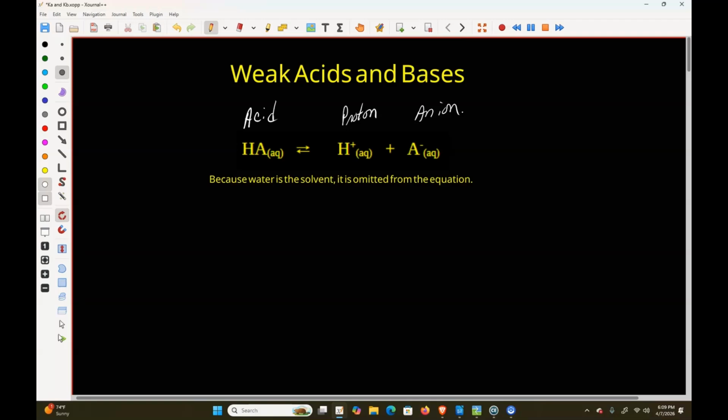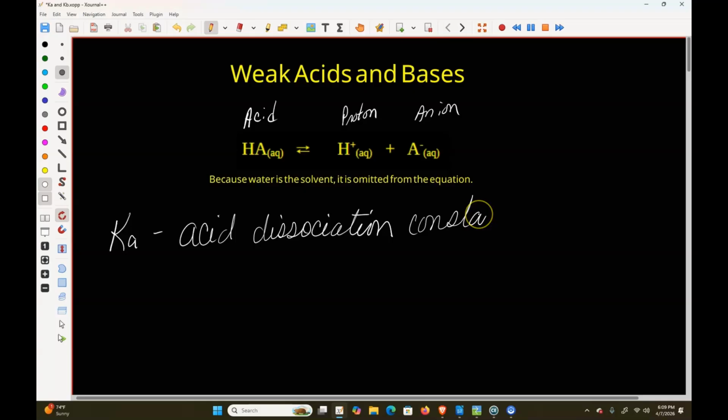All right, so Ka, this is the acid dissociation constant. If it's a large number, that means that it's a stronger acid.